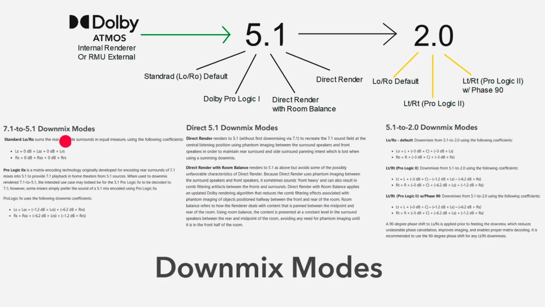The first one: for example, you have an object at the very top of the tower. What it will do is blend it into the nearest speaker of wherever you are positioned. That is the standard Lo/Ro. For Dolby Pro Logic IIx, it will make the object feel like it's there. For example, the top speakers are there, but you want to downmix it to 5.1.